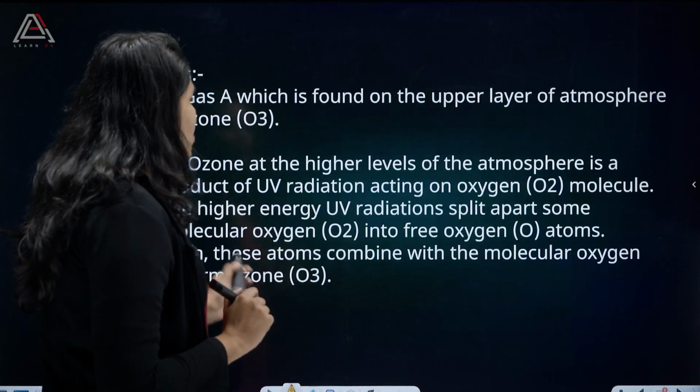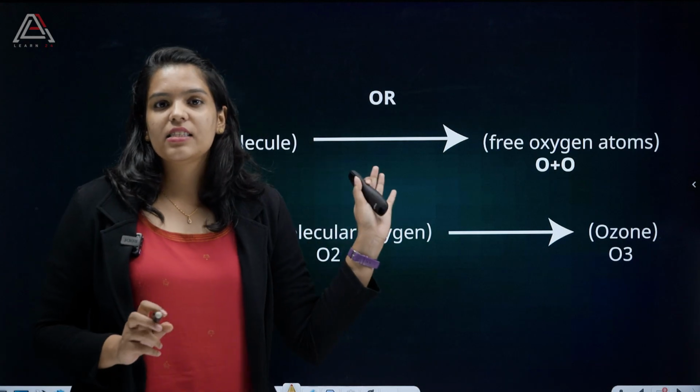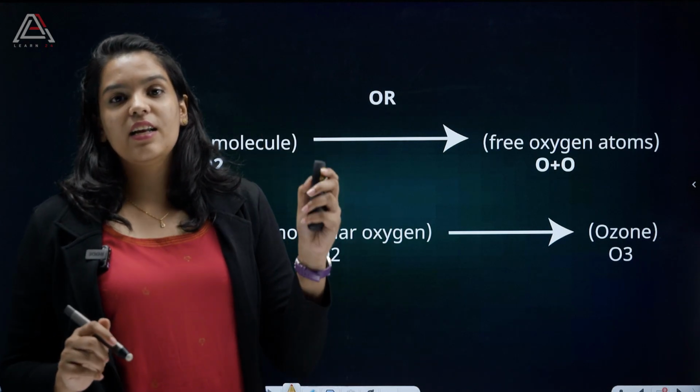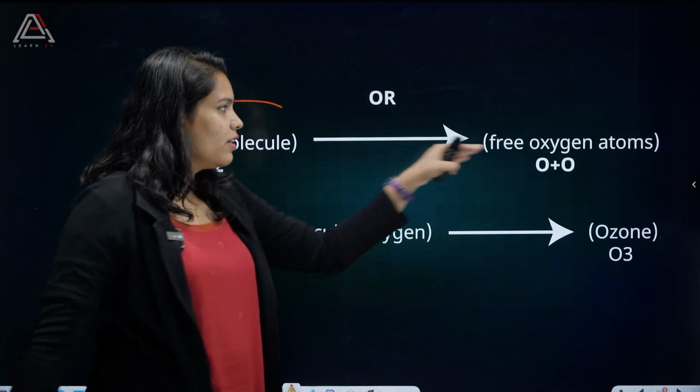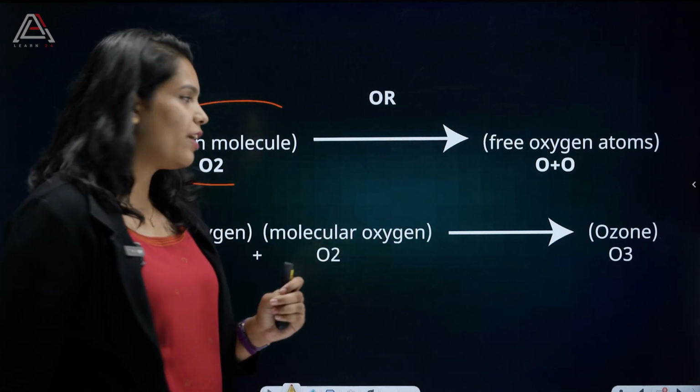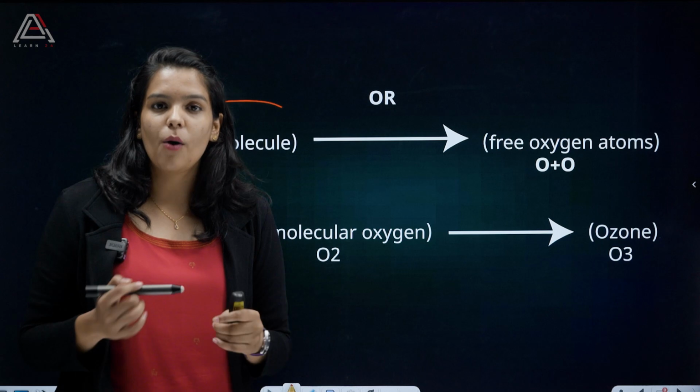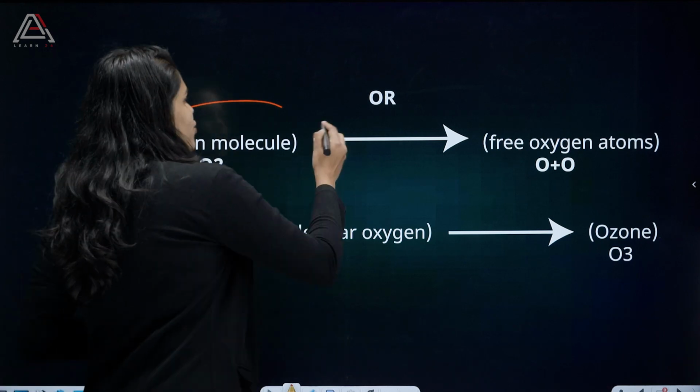You just have to explain this. You have seen it in the NCERT diagram, this particular formula also. So how is ozone formed? Due to UV.